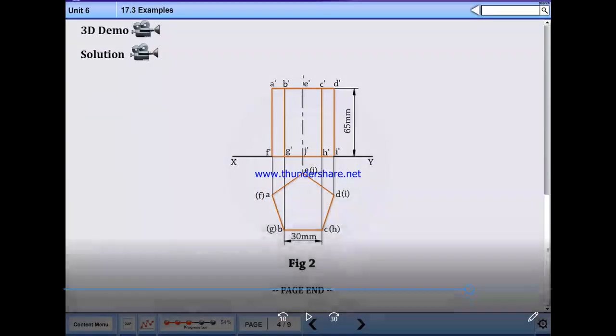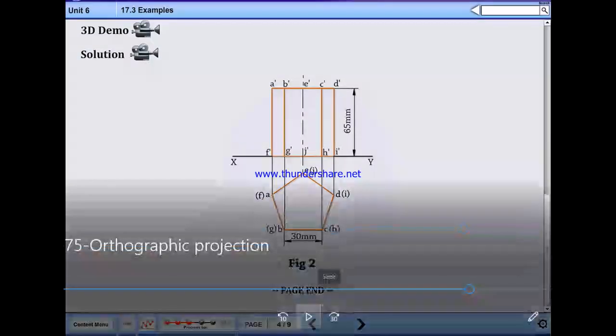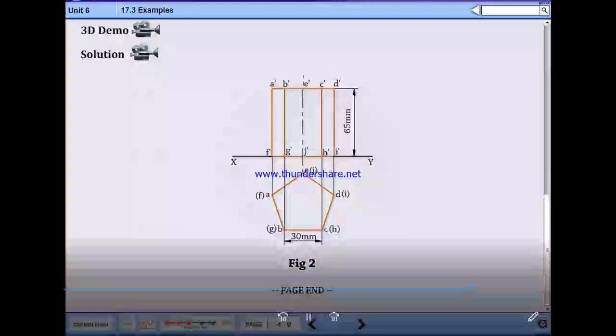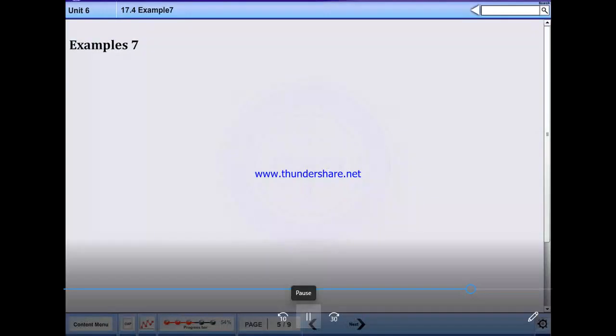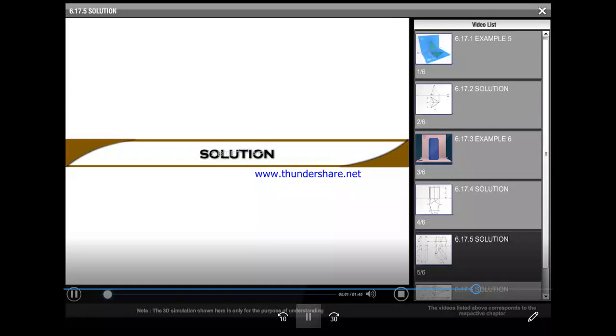Note on this figure also. In solution, explanation. Solution to example problem.